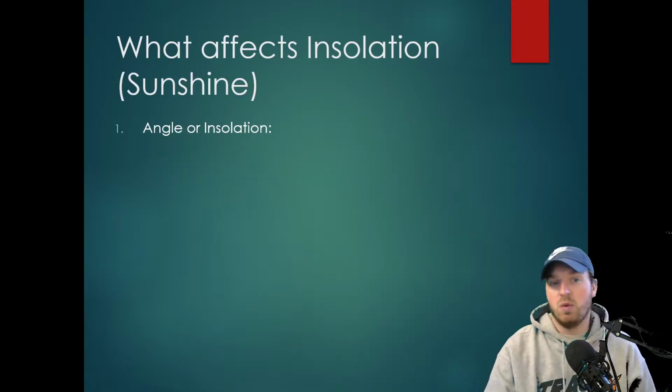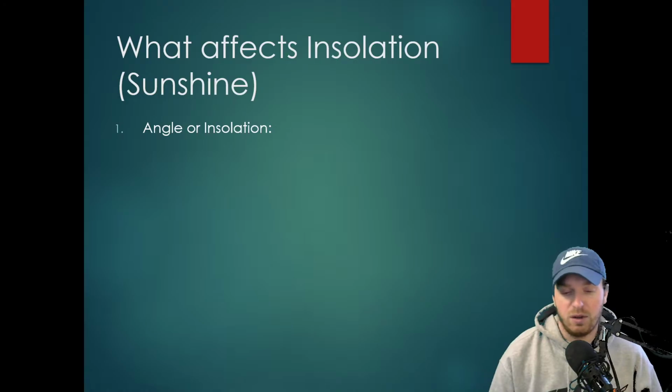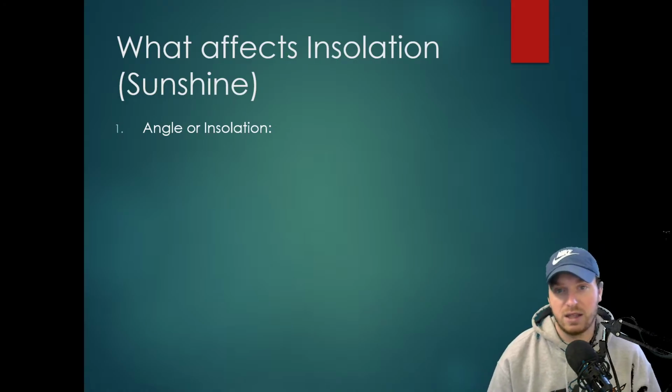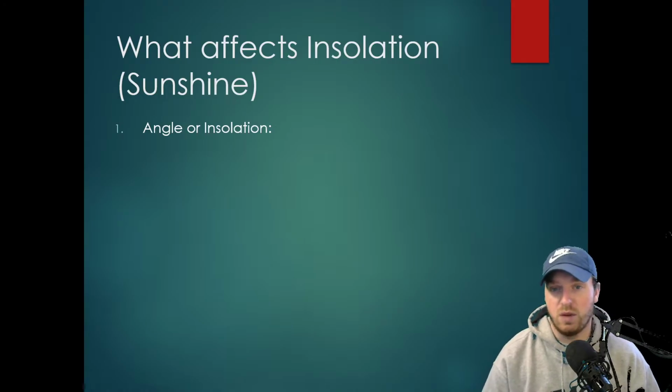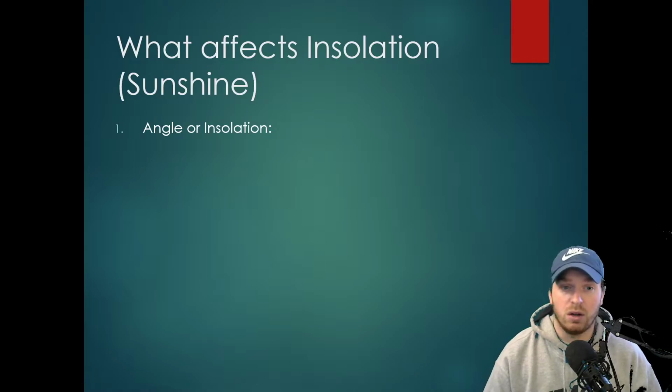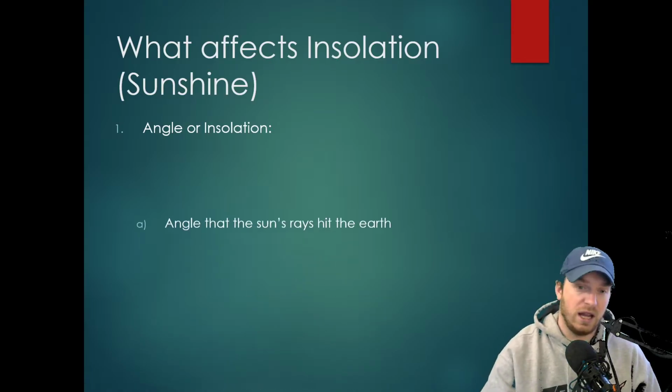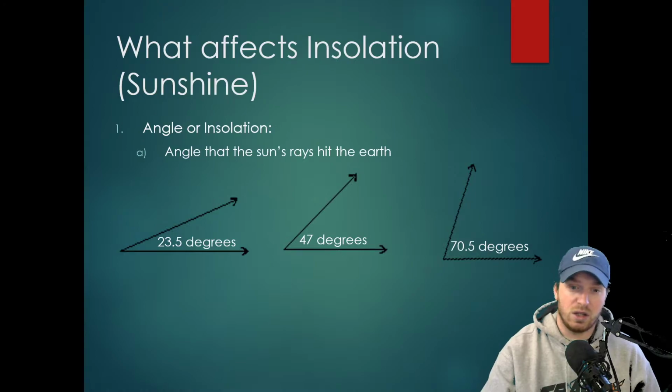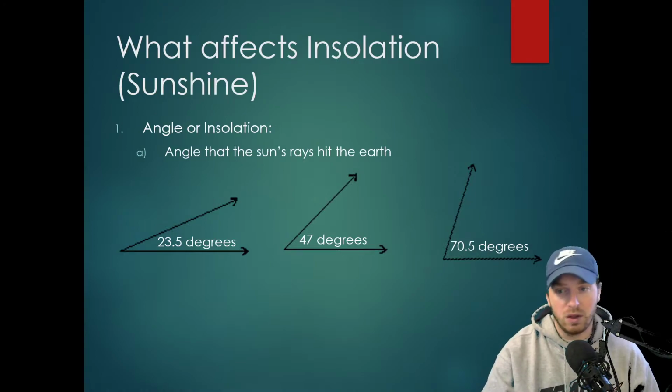Okay, so the major points of what we're going to be talking about today is what affects the amount of insolation we get, whether it's in New York State or really anywhere on the Earth. So the first one is the angle of insolation, or the angle that the sun's rays hit the Earth.